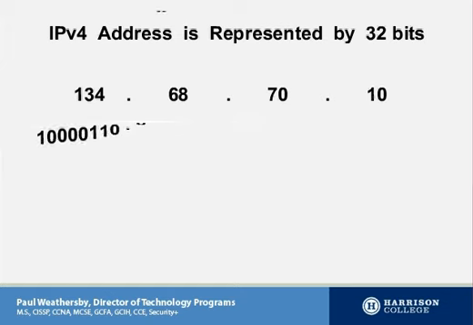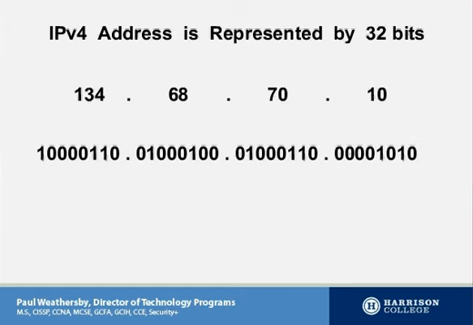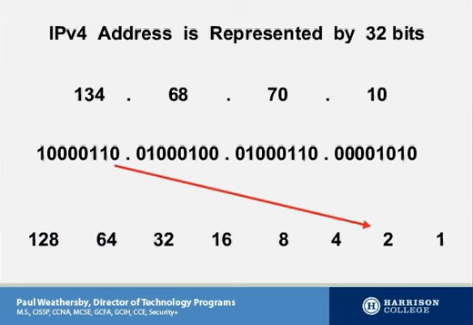If I look at the first number, 134, in the first octet, the number 134 is converted to binary by turning on the second, third, and eighth bit. In the second octet, you have the number 68. It gets converted into binary by turning on the third and seventh bit.